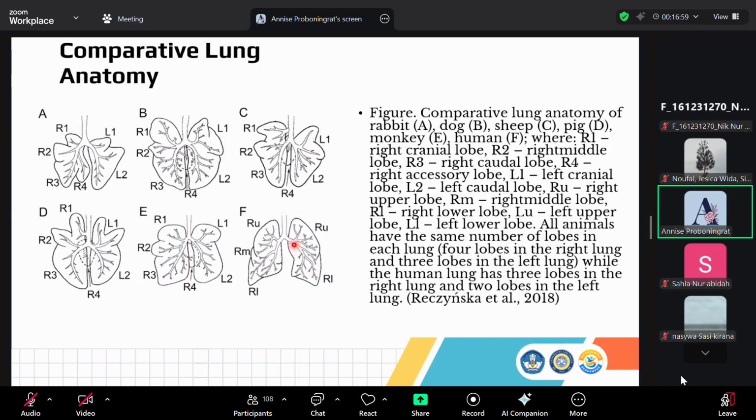We know that the lung is divided into two side lobes, the right and left lobes.